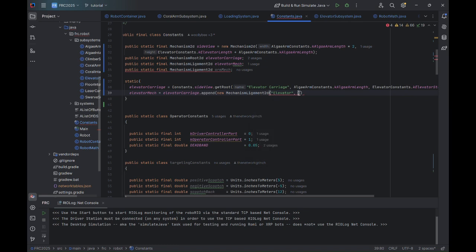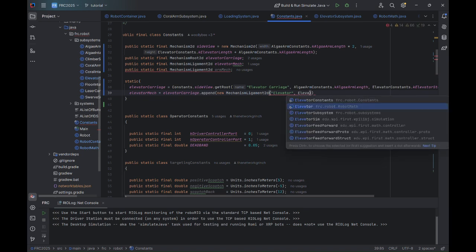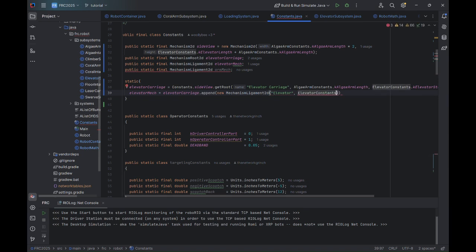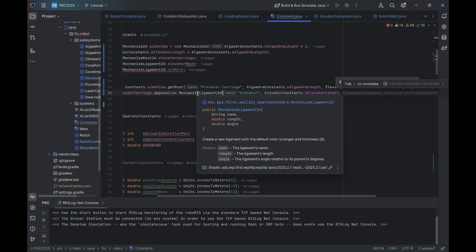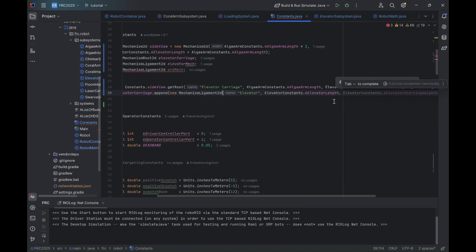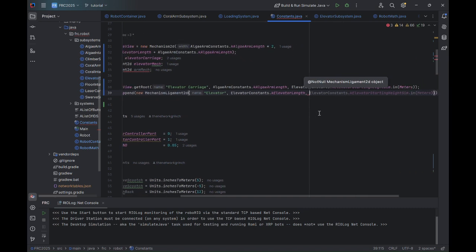So the length should be the length. So length, and it should be the starting angle.